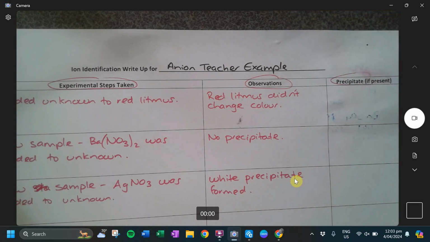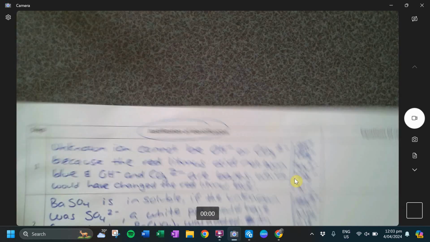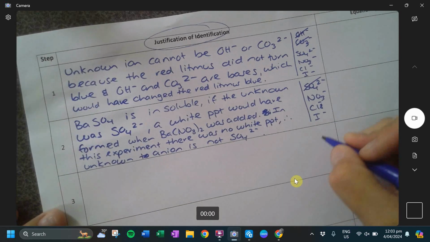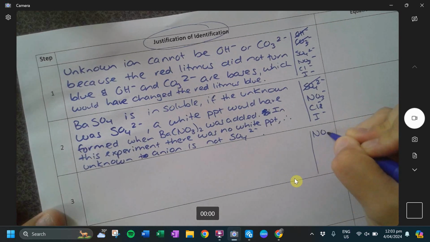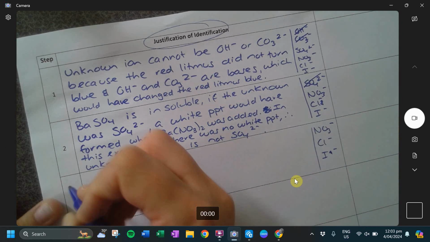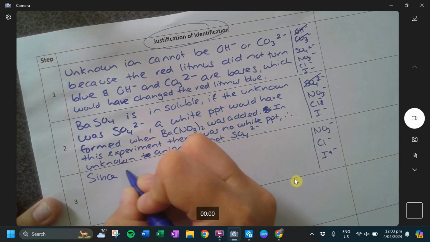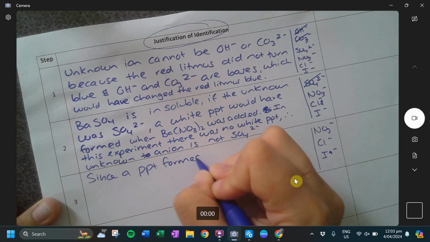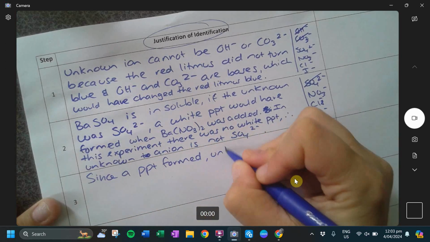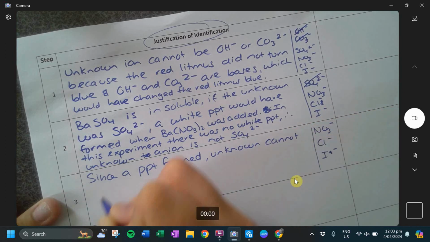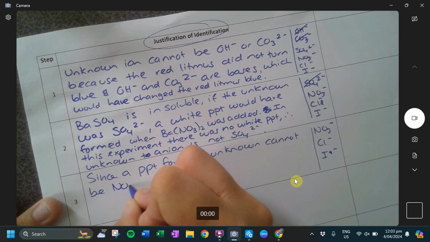All right, justification-wise, go on the other side. So, since a precipitate formed, it cannot be NO3 minus.